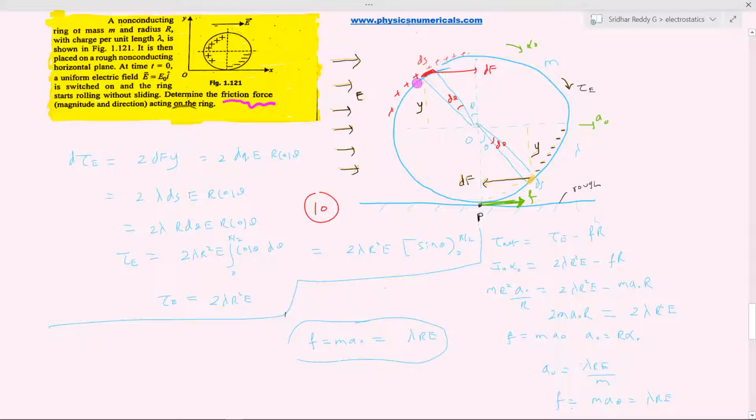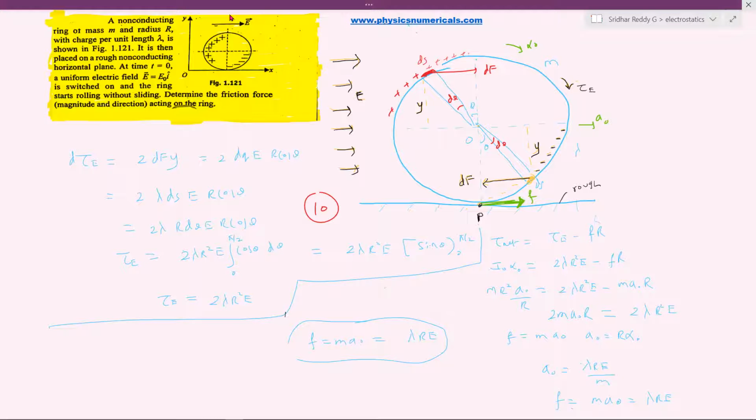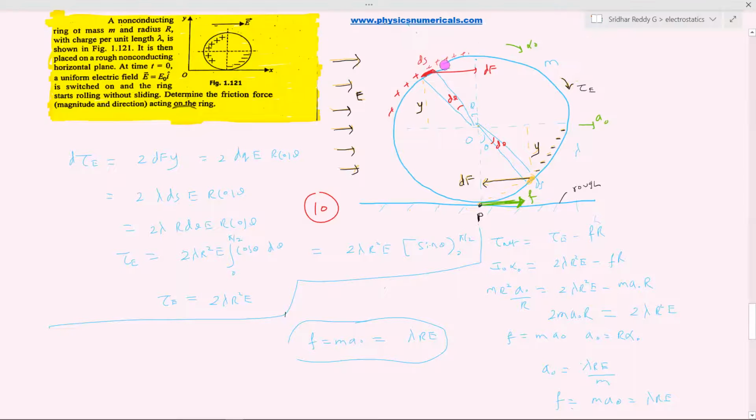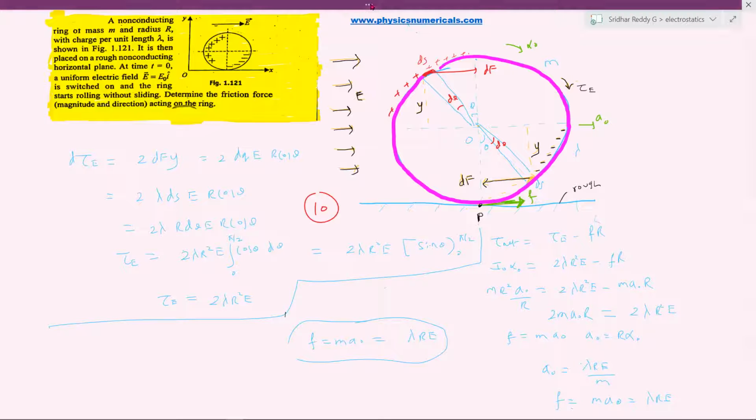What is our ring? This is a ring. Let me show it with a thick line, because once you see this is a ring, the rest of the concepts of torque and rotational mechanics we are going to introduce. All of you are able to see this. This is a ring, may not be a perfect shape.